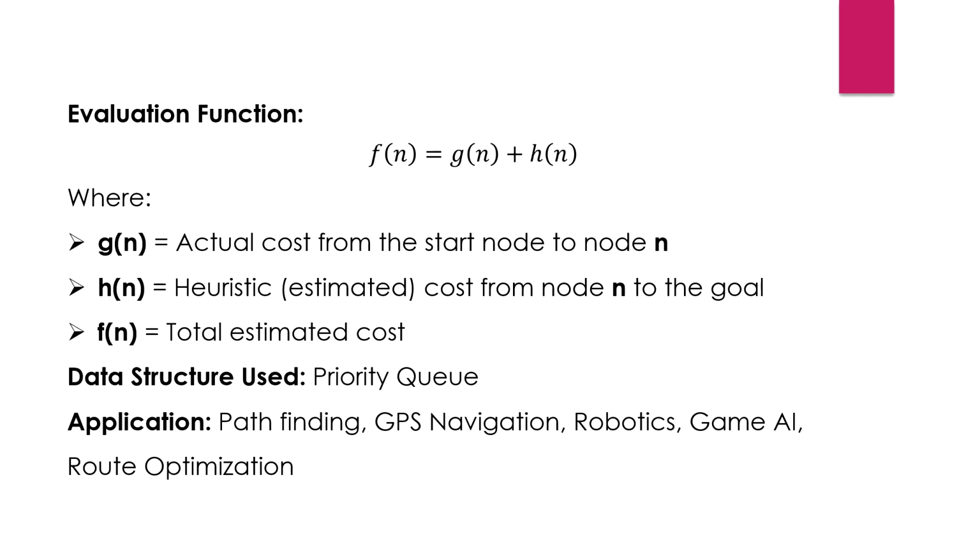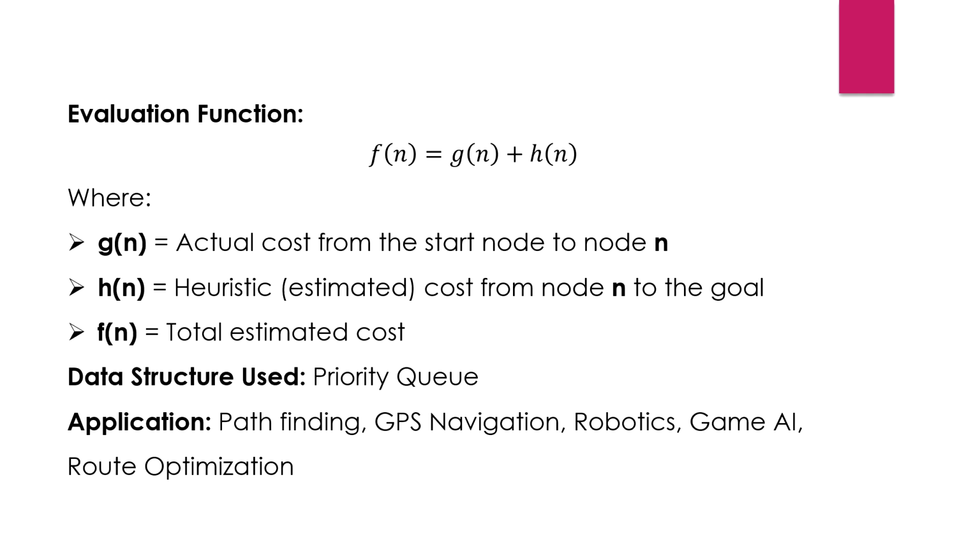The heart of the A-star algorithm is its evaluation function. The formula is f(n) = g(n) + h(n). Now let us understand each term. g(n) is the actual cost from the starting node to the current node. Suppose we have already traveled 20 km, then g(n) is 20.